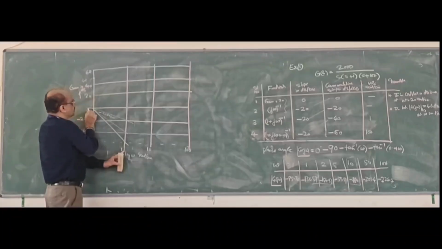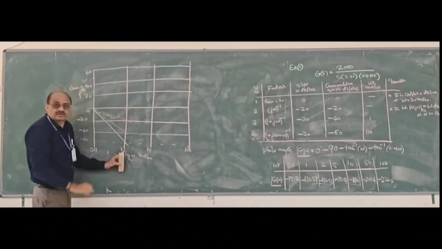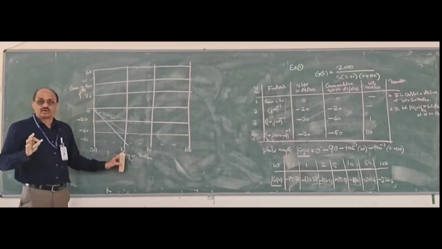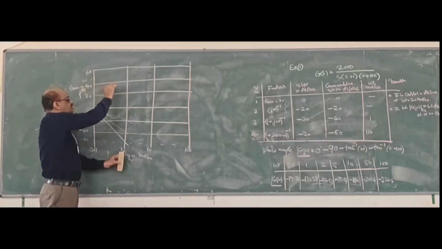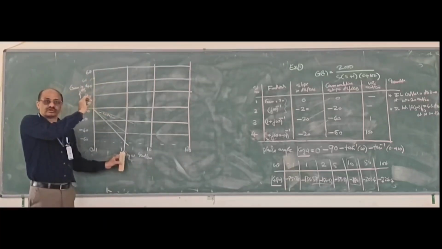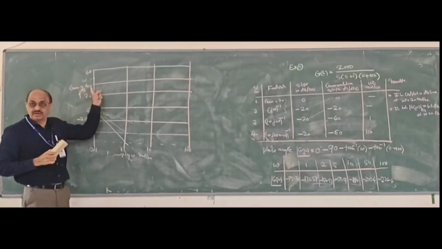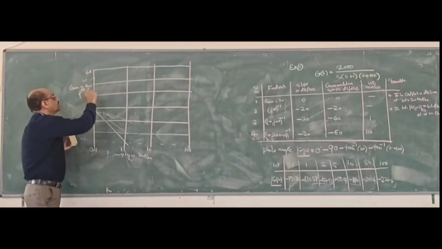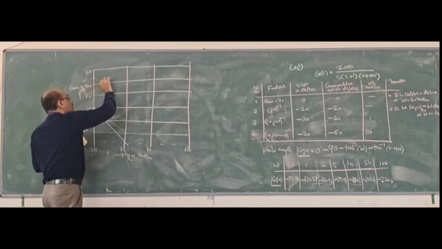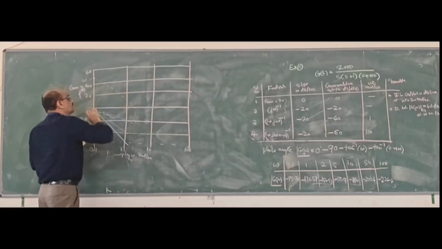Mark that point. This corresponds to 0 dB, mark that. Joining these, with a thin dotted line, if I join that it definitely generates minus 20 dB. Got it? So these are the 2 points, so you can join that line.